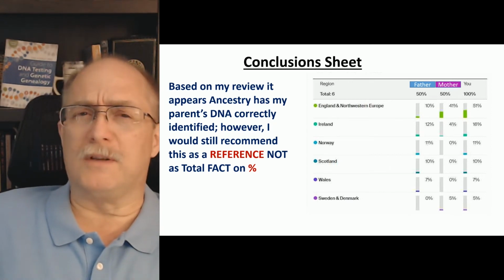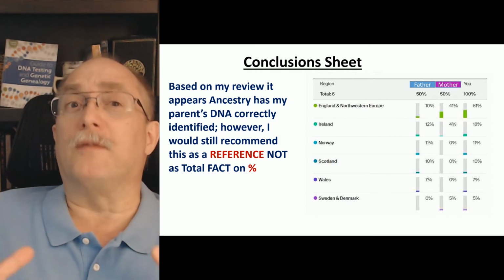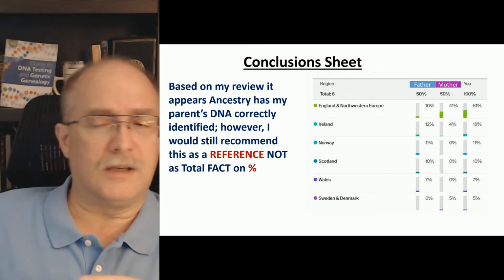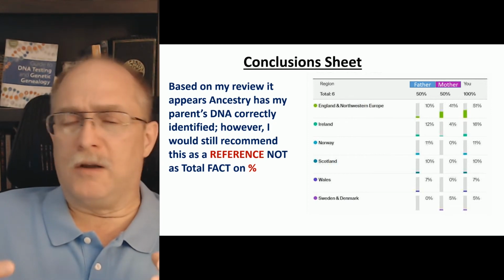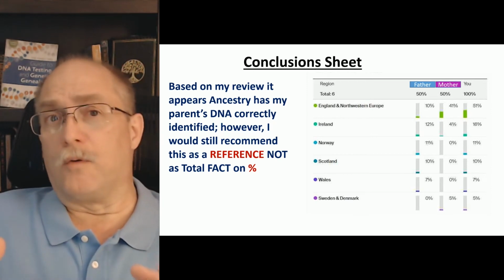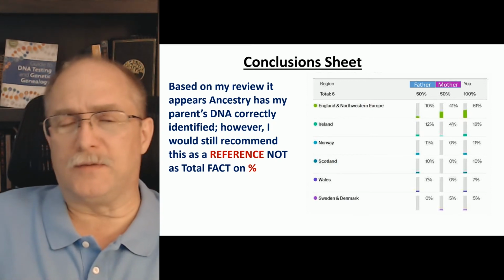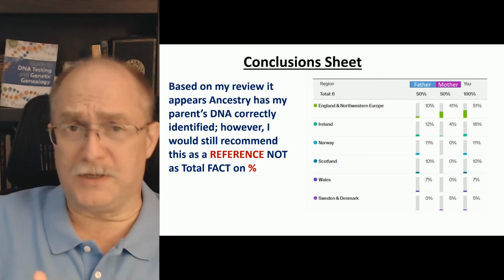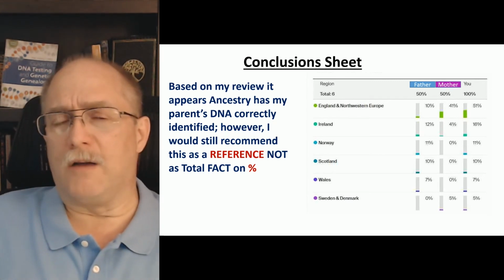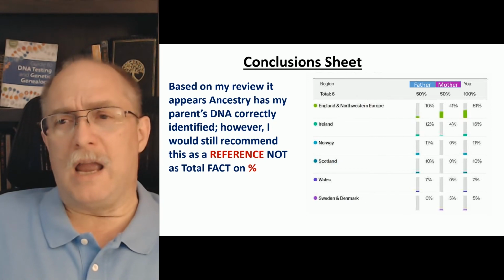However, I still would say these are for reference numbers. You look at these percentages same as you did before, and don't look at them as total fact that, oh, I'm this percentage from this one, I'm this percentage from that one, because again, your parents are percentages of their parents. However, I believe they've gotten better at what they're doing.